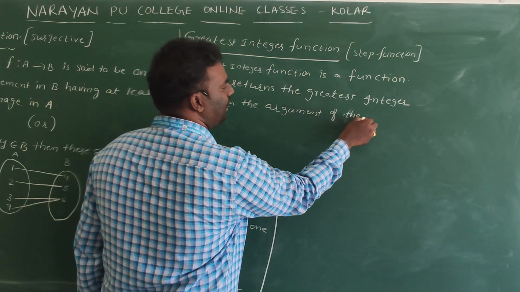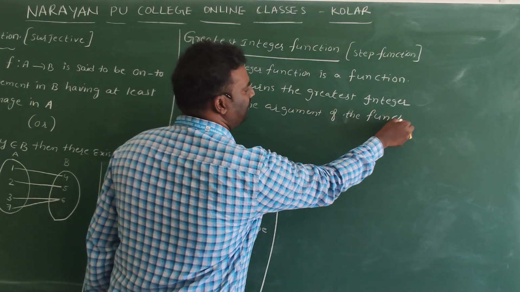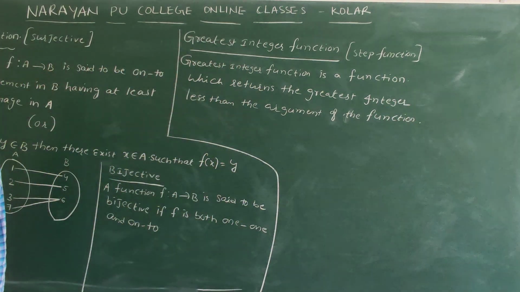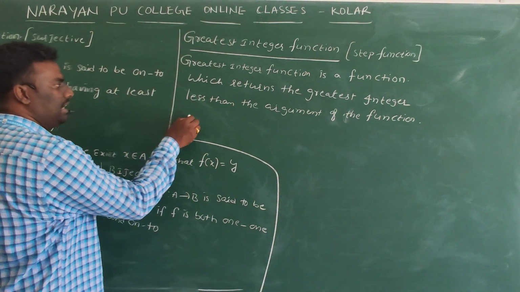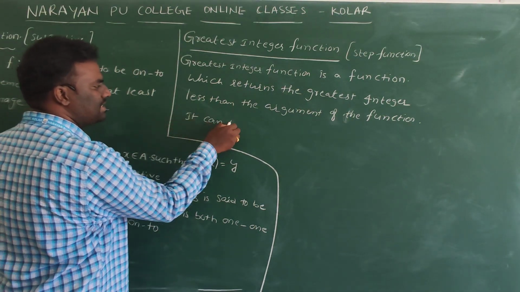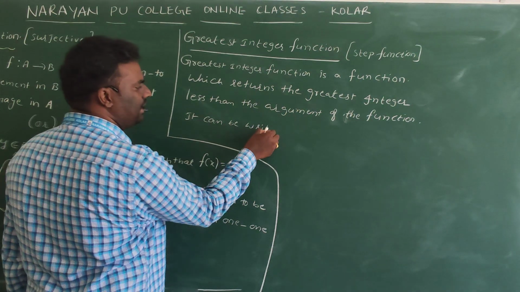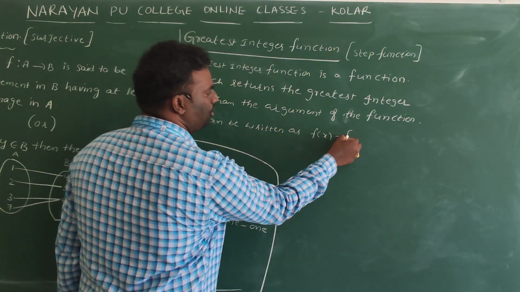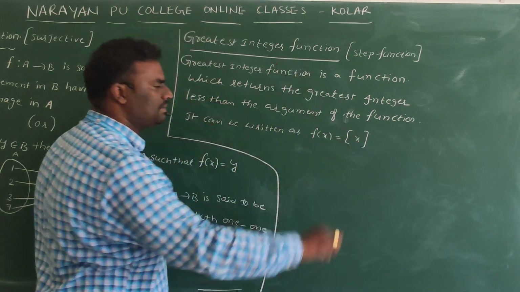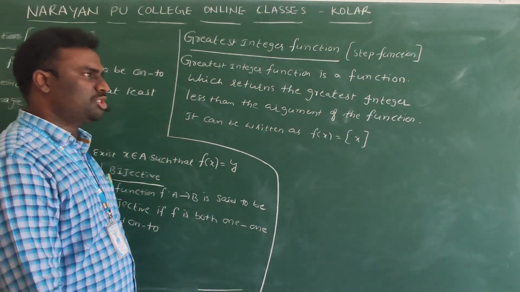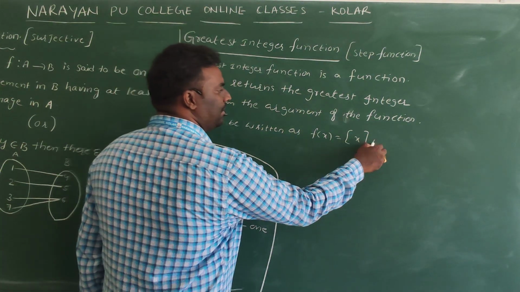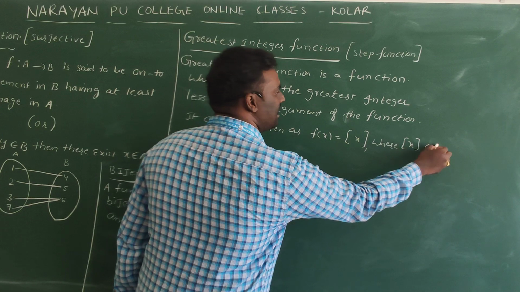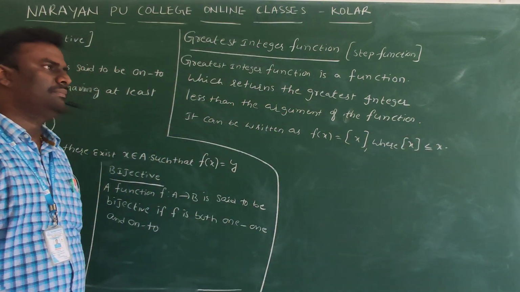This is the definition of greatest integer function. It can be written as f of x is equal to, how to pronounce this one? Step x. f of x equals step x, where step x is less than or equal to x.